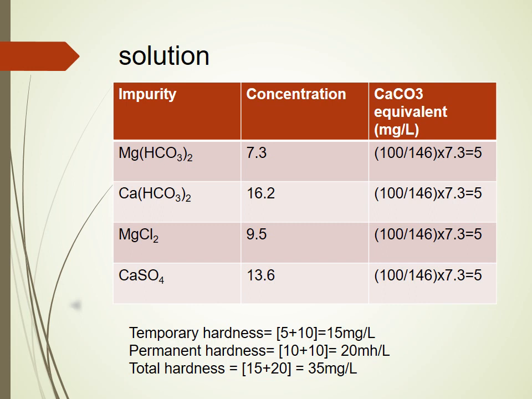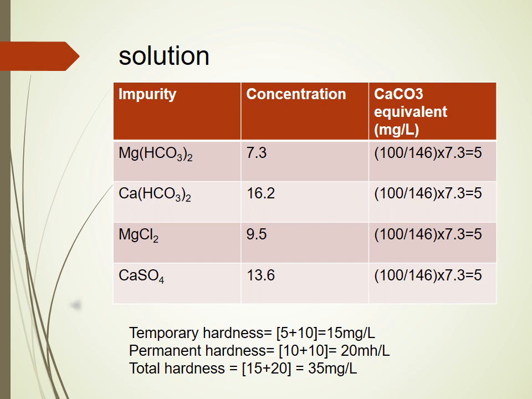The permanent hardness is due to all the other impurities other than the carbonates and bicarbonates. In the column it is due to magnesium chloride and calcium sulfate, CaSO4. In terms of the calcium carbonate equivalent, the CaCO3 equivalent for magnesium chloride is 10 and for CaSO4 is also 10.